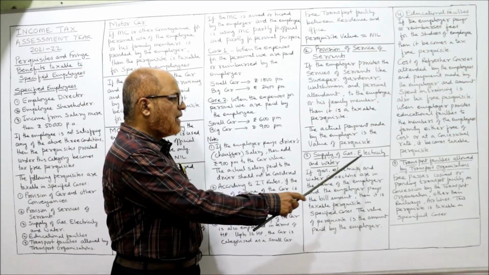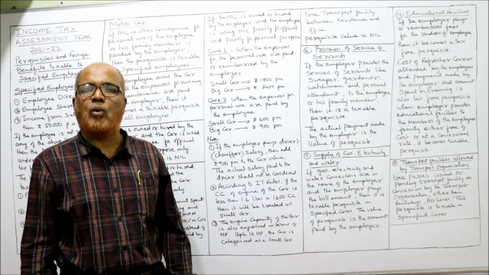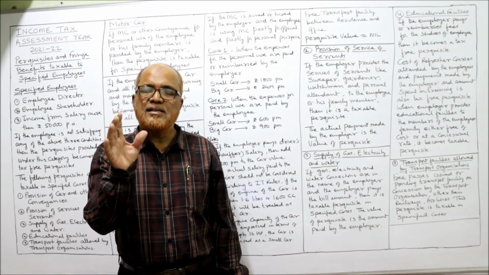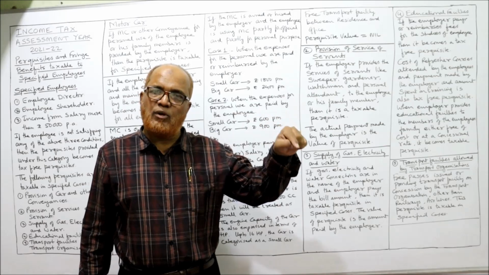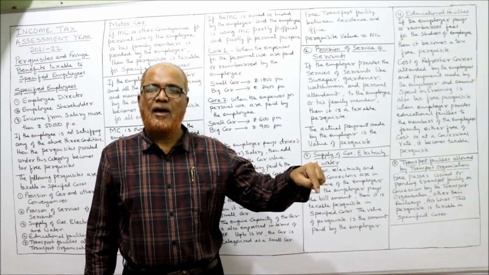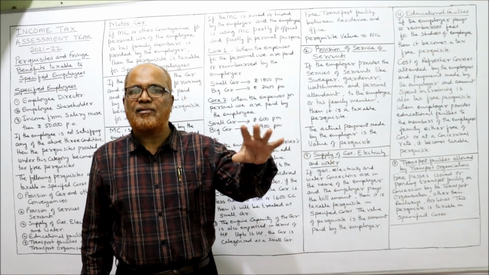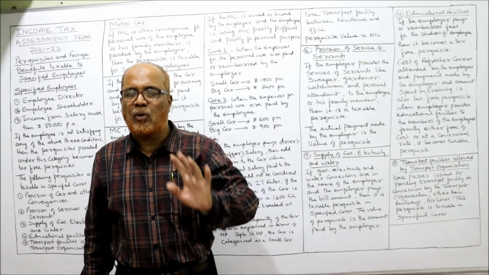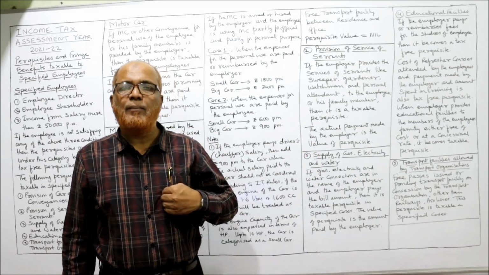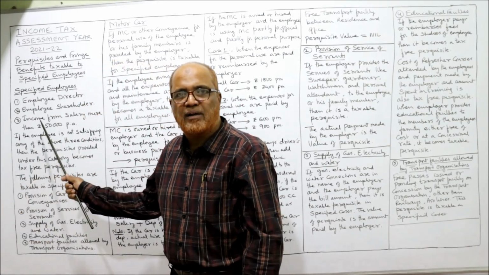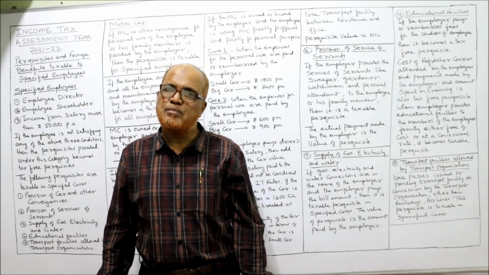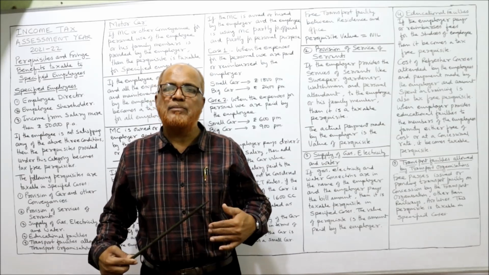Next one, supply of gas, electricity and water. Regarding supply of gas, electricity and water, if the connection is in the name of the employer, and employer is providing electricity, gas, water to the employees, then whatever payment made by the employer is a taxable perquisite for specified employees. For example, I am the employer.